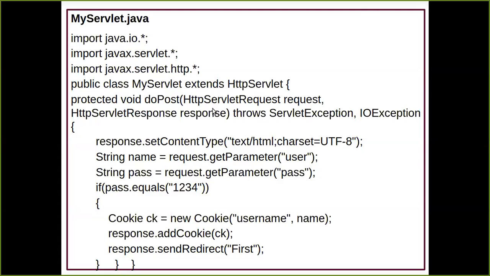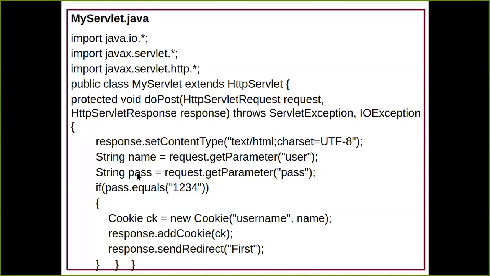Fine, so now we are going to use the getParameter method, and I have given the text field names in the HTML file. The first text field name is user, the second text field name is pass. So from these text fields I have to fetch the values with the help of the getParameter method, and whenever I fetch a value from the client, I have to use the request object. Once it is fetched, it has to get stored into the variable called name.